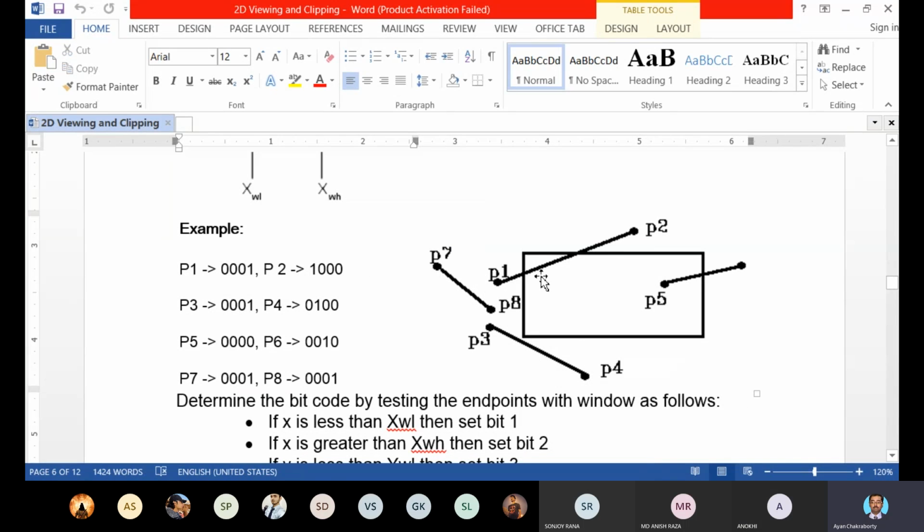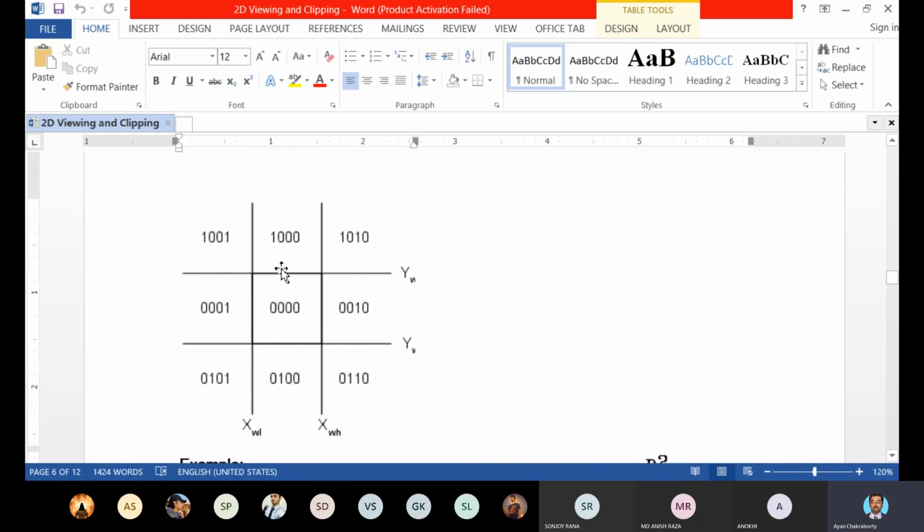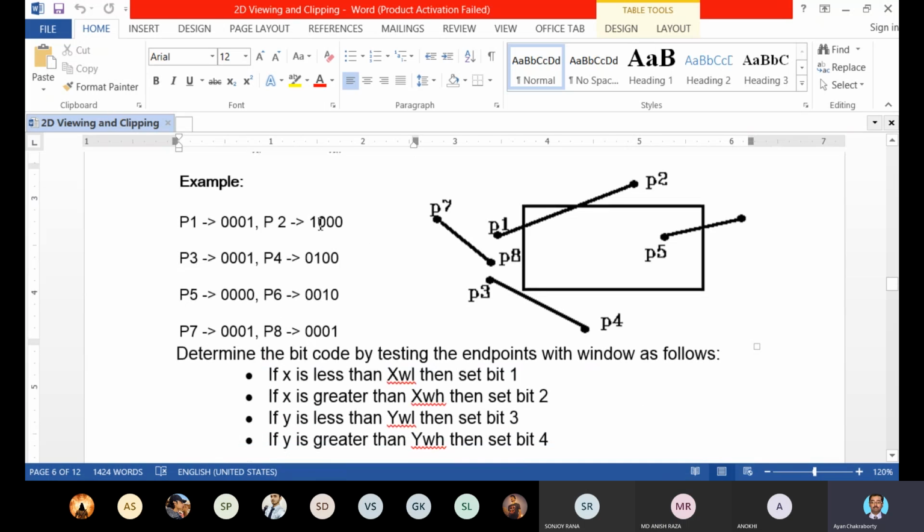Now P2. P2 is in which region? North region, right. According to the region code of north region, P2 has been denoted by 1000. Now P3 is again in west region, so 0001.